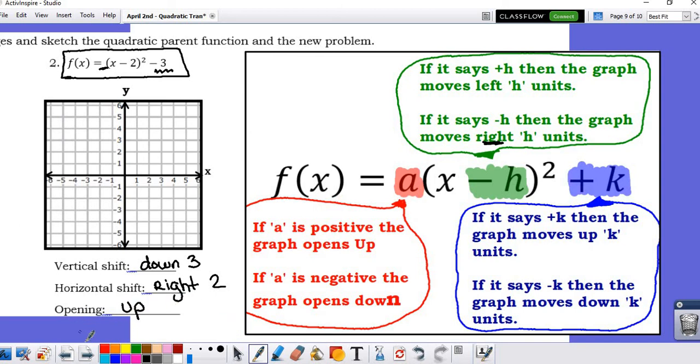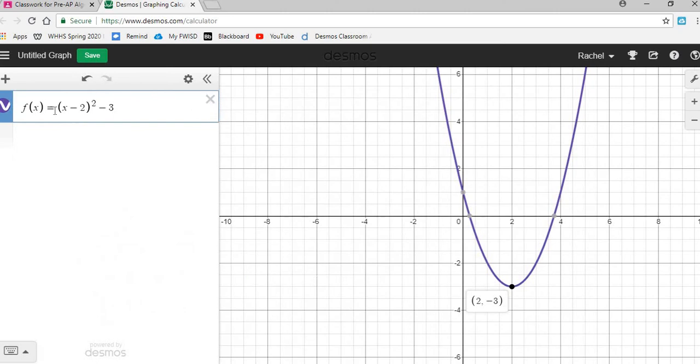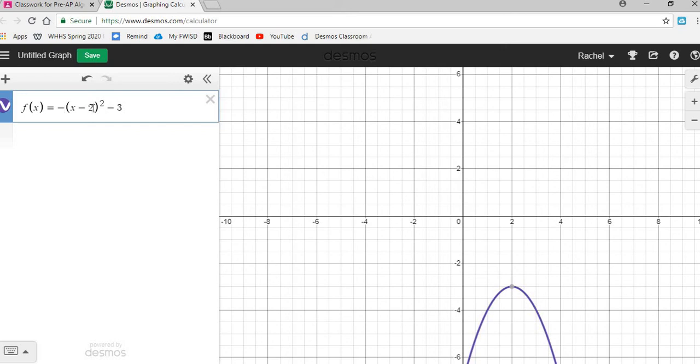All right, last one. Over here, f of x equals negative parentheses x plus 1 squared plus 5. Again, graph that one on Desmos and answer the questions about how it moved. Okay, if I were to graph this one, actually just going to change this and put a negative, x plus 1 plus 5.